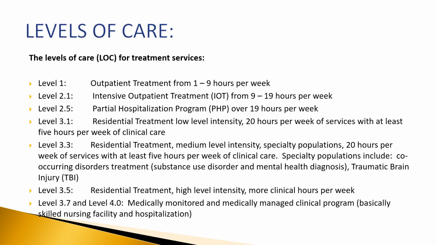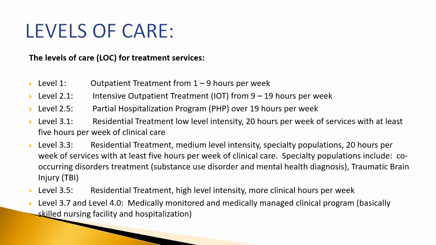Okay. More specifically then, the levels of care for treatment are outlined here. There are handouts on the ASAM in your handouts menu under files. Level 1 is outpatient treatment. Level 1 treatment is from 1 hour per week up to 9 hours per week.